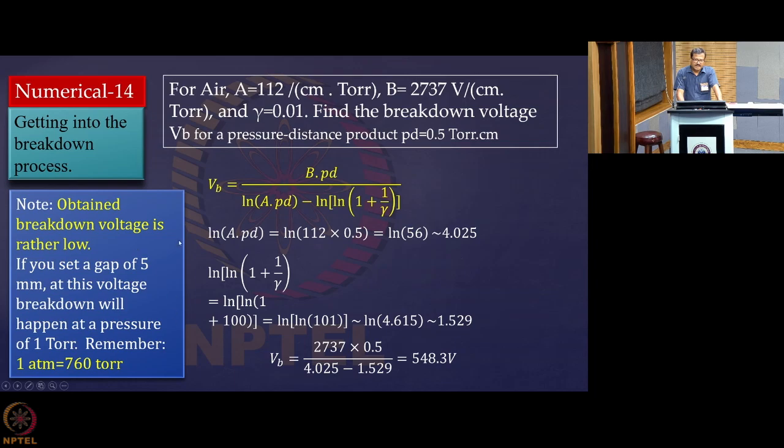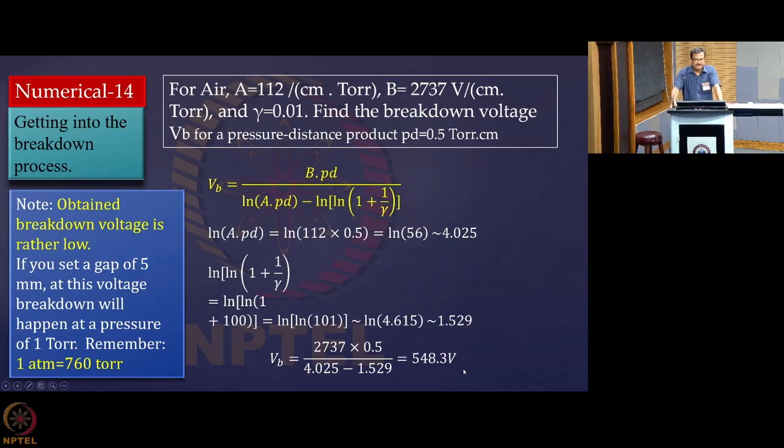So we directly calculate VB. It is B, that is 2737, into PD, which is given as 0.5, and at the bottom the quantities we have already evaluated: 4.025 minus 1.529. And you get a breakdown voltage of 548.3 volt.